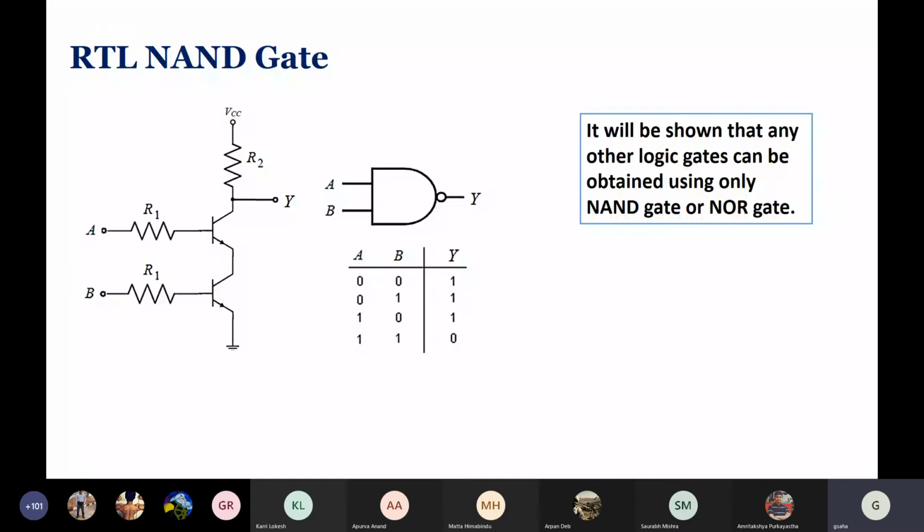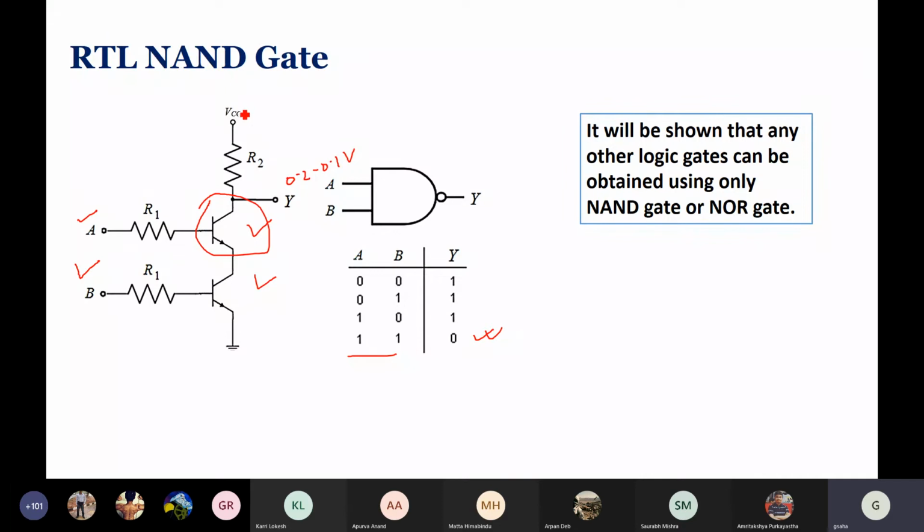If you look at such a circuit diagram, then you can figure out, I'll not spend much time here, that only when both of them are high, that means both the transistors are in saturation, then only is there a flow path available. Then only the output voltage will be 0.2 volt to 0.1 volt, sufficiently low. Only when both of them are high, the output is low. If any one of them is low, that transistor is cut off, so no current flows, right?